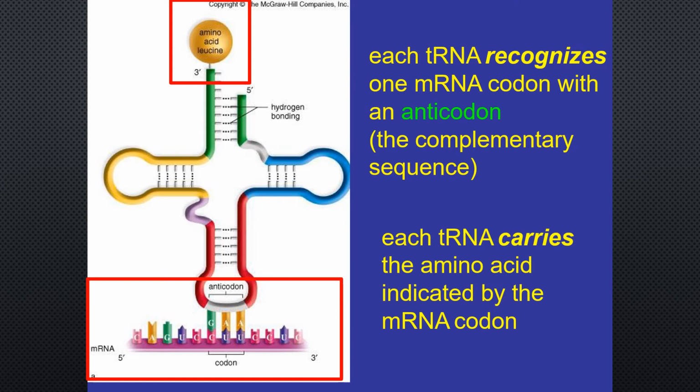So each transfer RNA recognizes one mRNA codon, and it recognizes it by using the anticodon, which is that complementary sequence. So the tRNAs are out there in the cytoplasm. They recognize the mRNA with their anticodon, and they carry the amino acid indicated by that messenger RNA codon to that mRNA site.